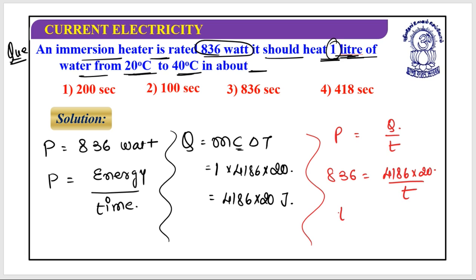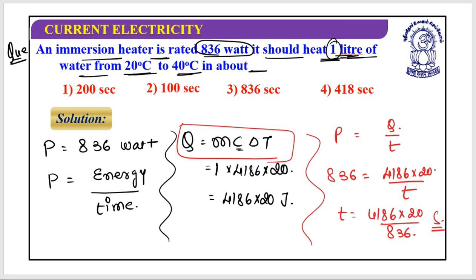Time is to be found. So time is 4186 multiplied by 20 divided by 836. Please get it done and find out the answer. Yes, I understand that it takes a certain amount of time to solve it, but what I want to know is, do you understand this?